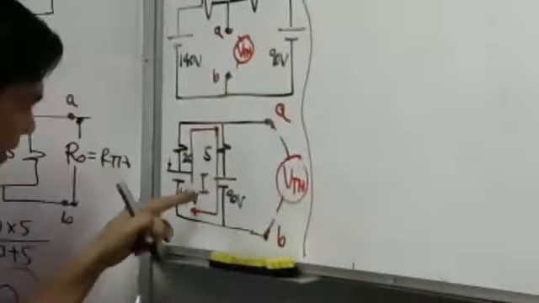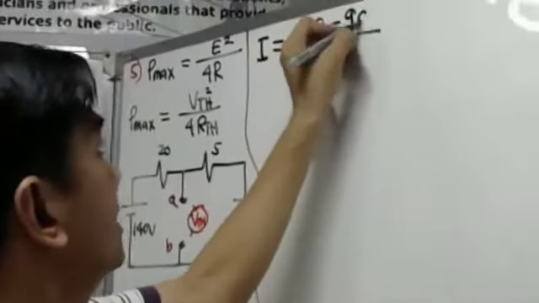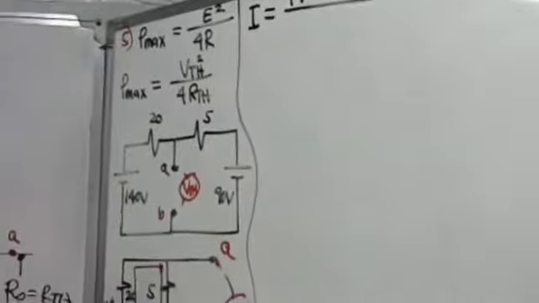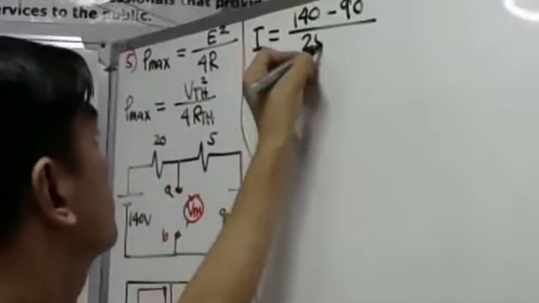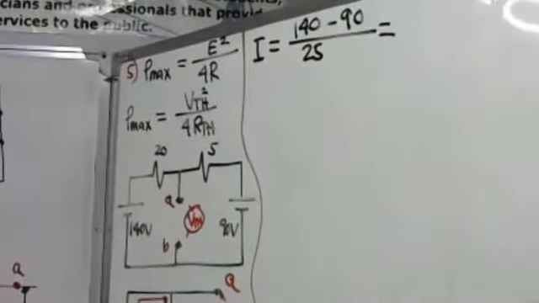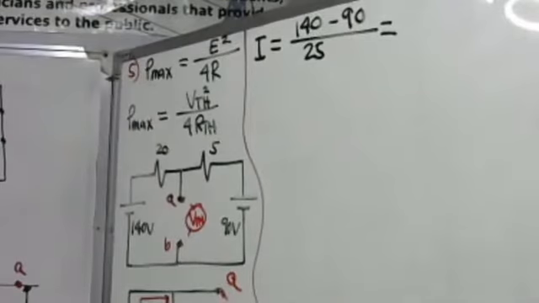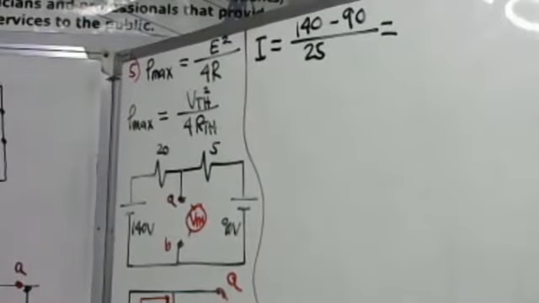It leaves on the negative terminal of 90 volts, so this is minus 90. What about the resistance path? We have 20 plus 5, so that is 25. So what is now the value for the current here? 140 minus 90, then divided by 25. So basically we have 2 amperes.